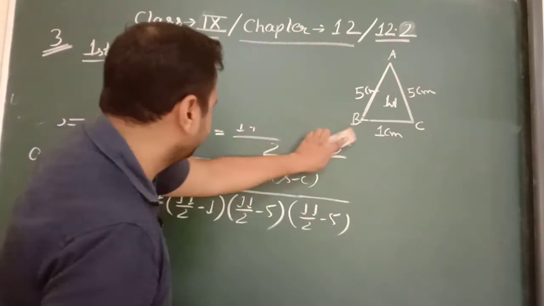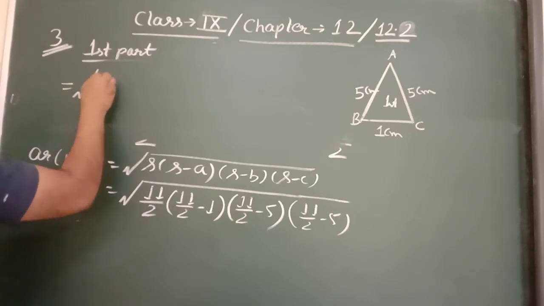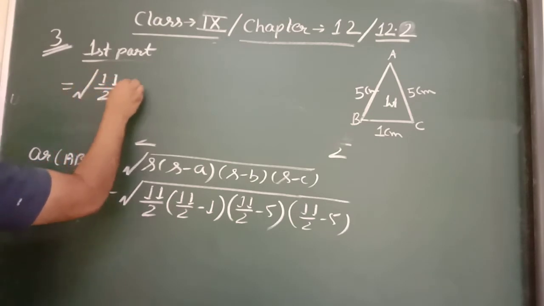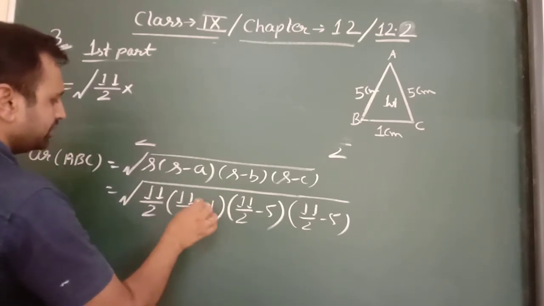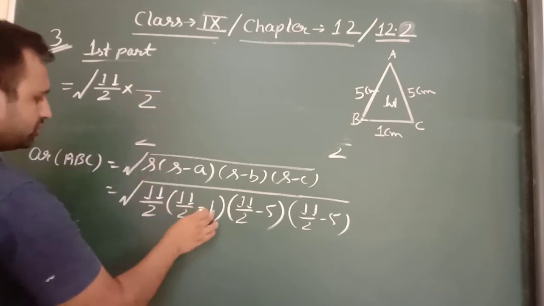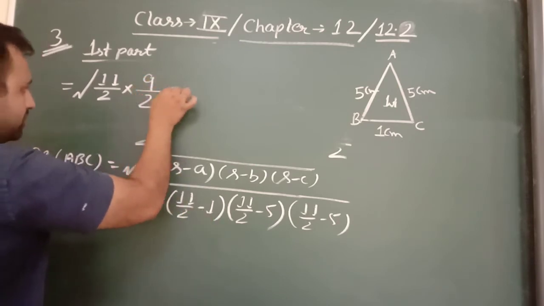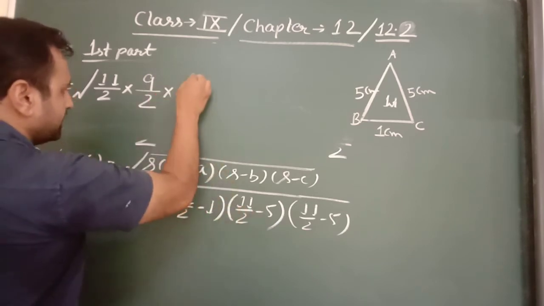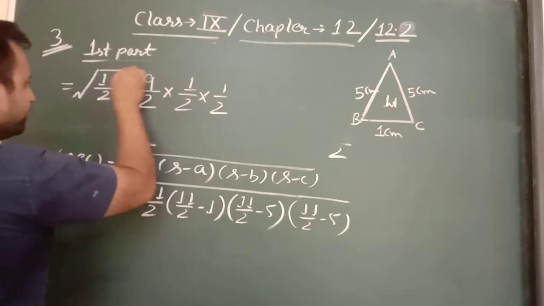Now calculate. It is equal to the square root of 11 by 2 times, taking 2 as the LCM in 11 by 2 minus 1, we get (11 minus 2) by 2, which is 9 by 2. Then it is 1 by 2 and it is also 1 by 2.